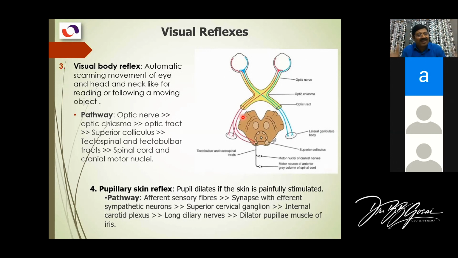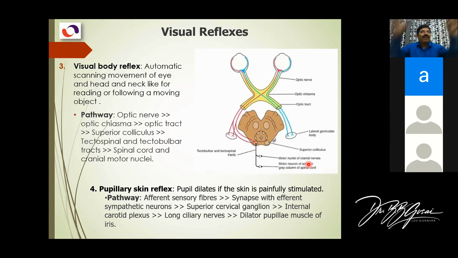So tectobulbar tract. Okay, so from the optic chiasma, the fibers from the optic tract don't go to the geniculate body. They directly go to this particular nucleus of the superior colliculus. It is in the midbrain, posterior surface of the midbrain. And from there, the fibers go to the cranial nerves and the spinal cord, motor neurons of the spinal cord.